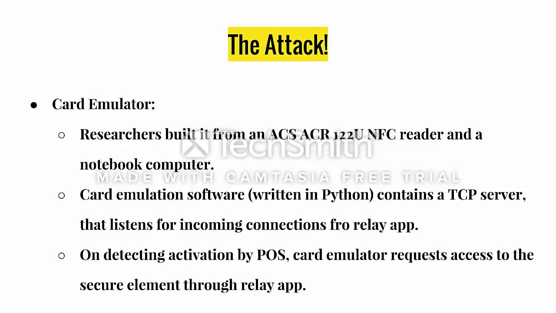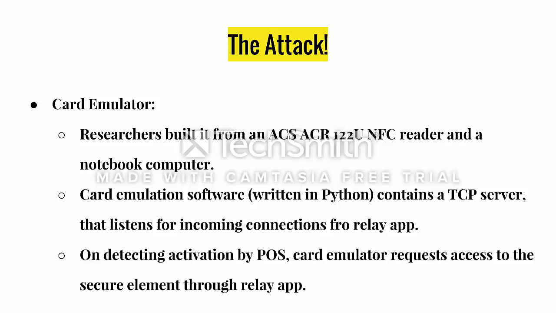Card emulation software written in Python contains a TCP server that listens for incoming connections from the Relay app. On detecting activation by the POS, the card emulator requests access to the secure element through the Relay app.